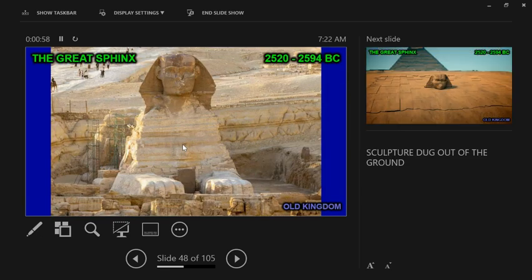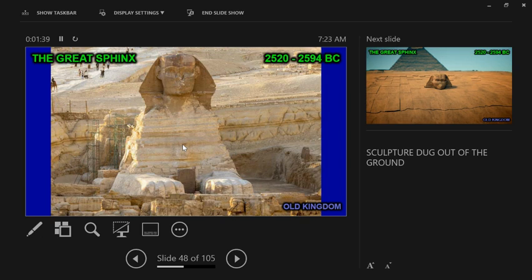The Great Sphinx, like I said before, is carved into the ground. It is not built up. It wasn't created from nothing. If you look at the ground behind the Sphinx, you have these sort of diagonal lines of the different layers of the earth.